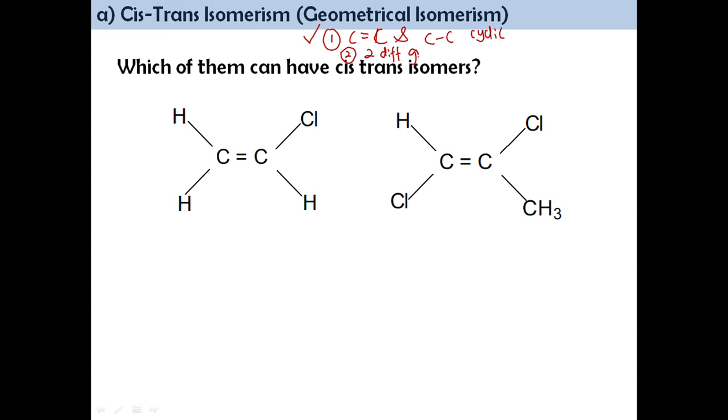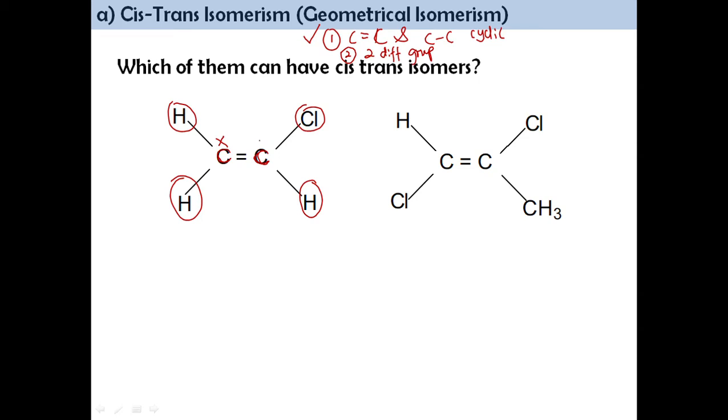Okay, jadi kita tengok kepada compound yang pertama. Okay, cari C double bond C. This is the first carbon of the double bond, and this is the group attached to this carbon. Sama tak hidrogen dengan hidrogen? Sama kan? Jadi, carbon ini tidak mematuhi syarat yang kedua, so this carbon cannot have a cis-trans isomer. Okay, this carbon attached to Cl and hydrogen. So, this is different group.